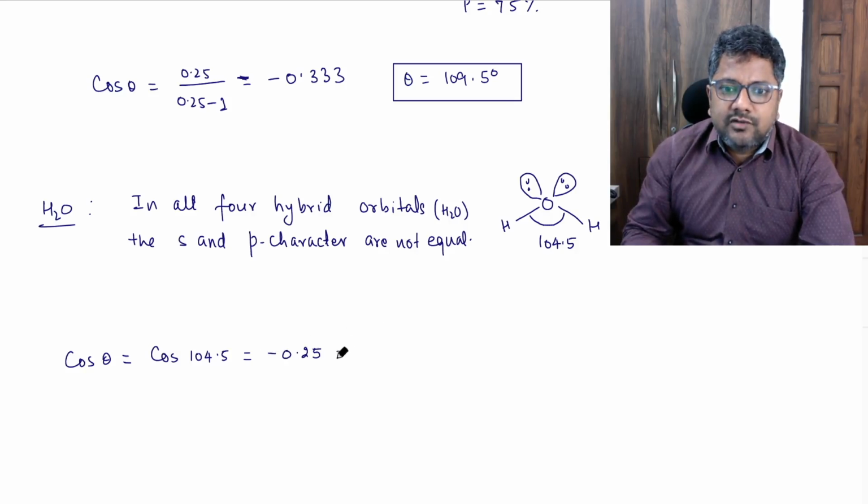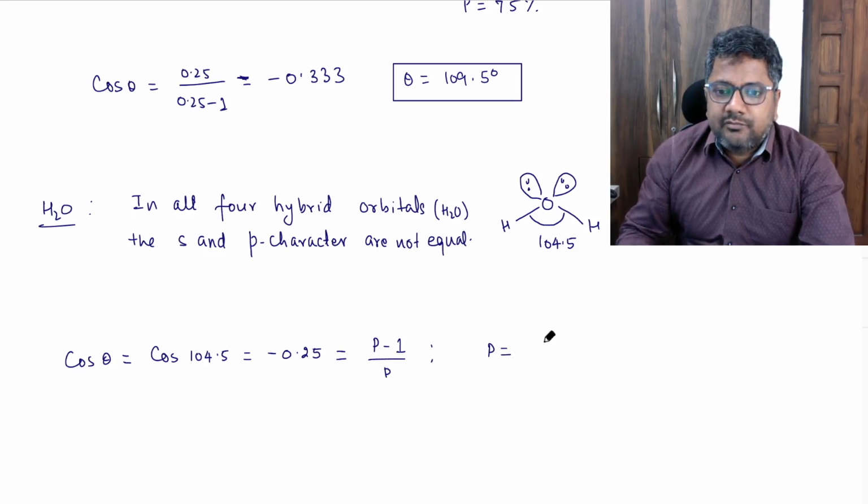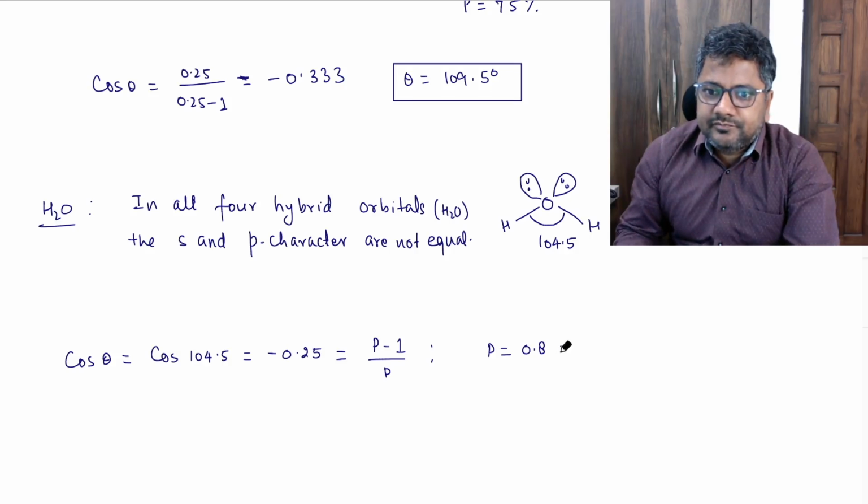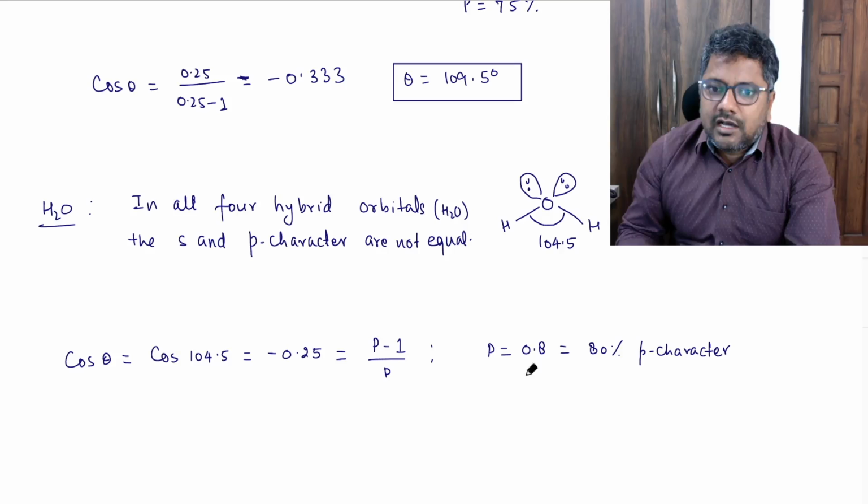So this is equal to p minus 1 by p. After solving this equation, we get p is equal to 0.8, right? Meaning 80 percent p character and 20 percent s character.